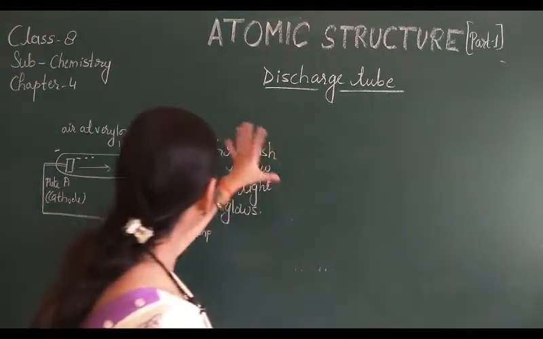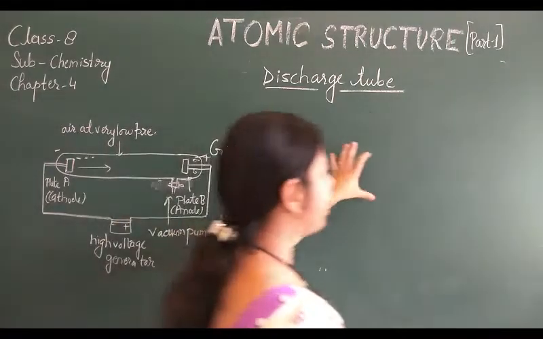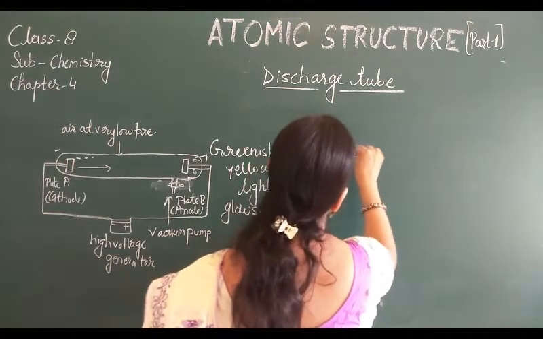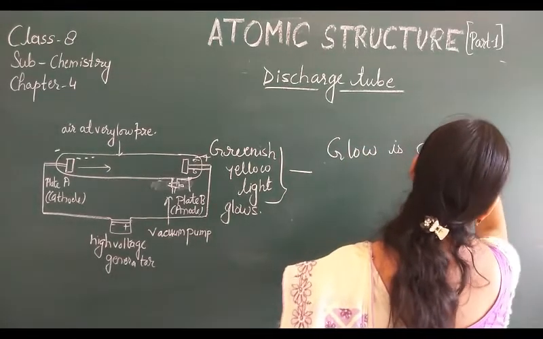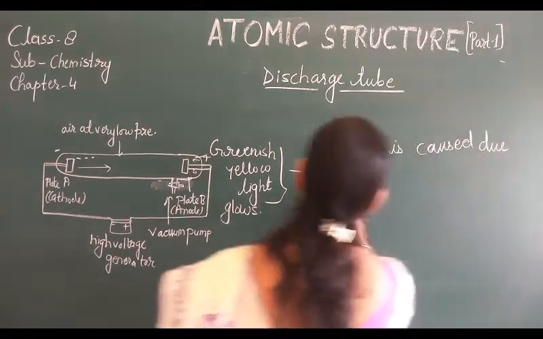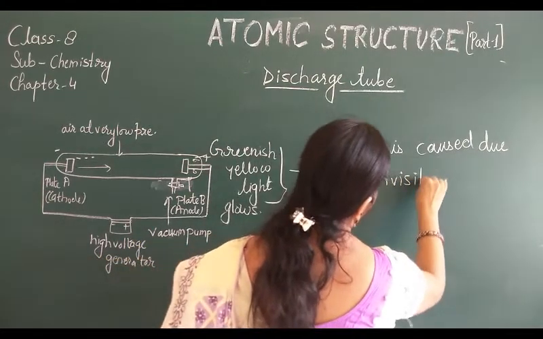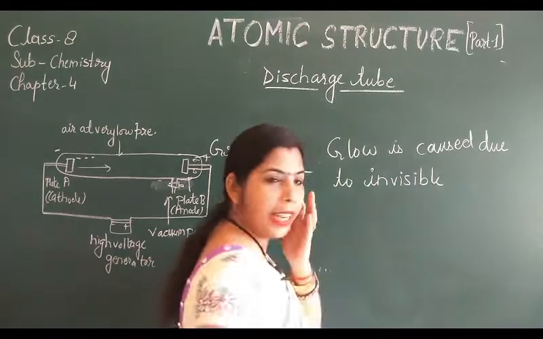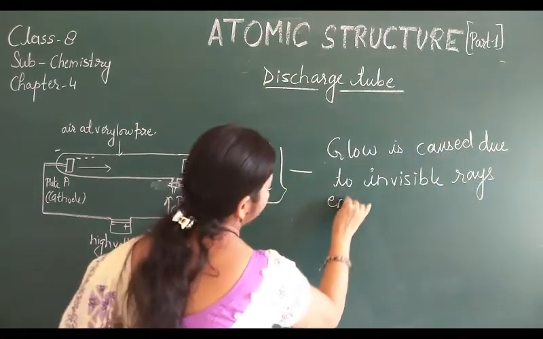And why is this greenish glow there? This glow is caused due to an invisible ray emerging from the cathode.